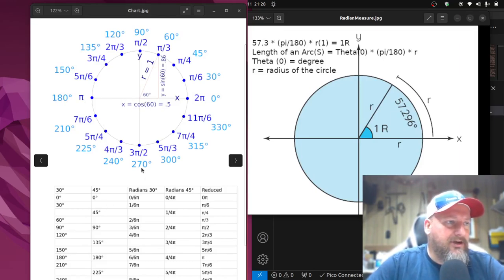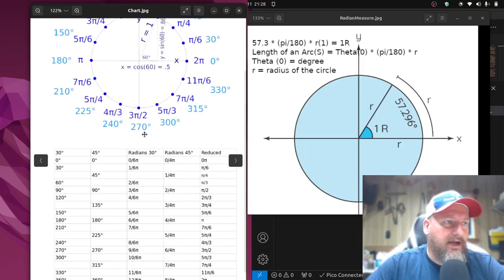Let's come down here and apply this to the chart that I have down here. Let's look at 180 degrees, and you can see that for 180 degrees, we have it reduced down to pi, because we're saying 6 over 6 pi, because we did 1, 2, 3, 4, 5, and it's 6 over 6 pi, and so that would actually be 6 of the 30s, but it would actually only be 3.